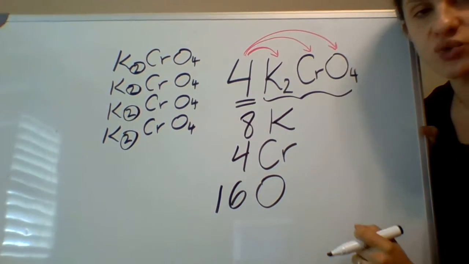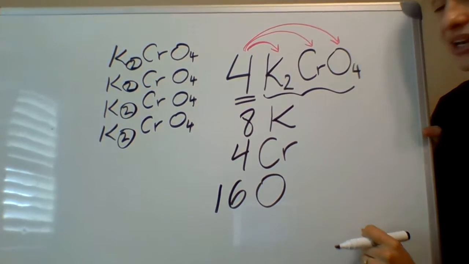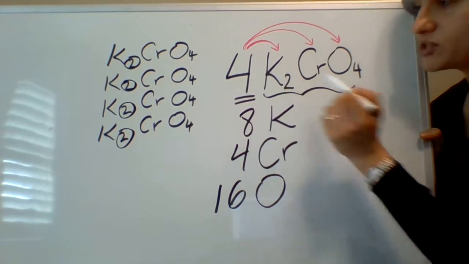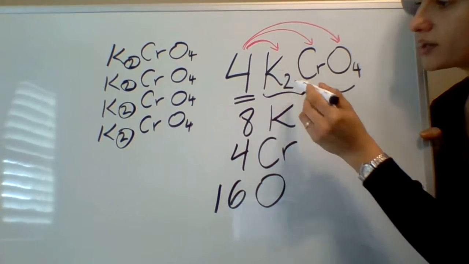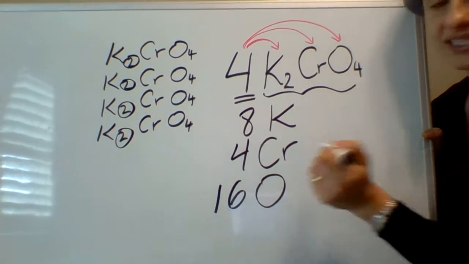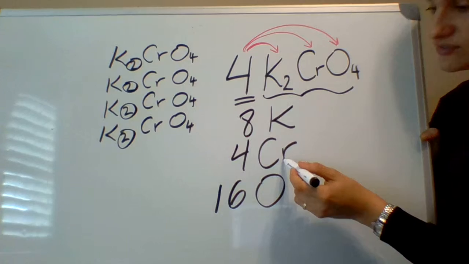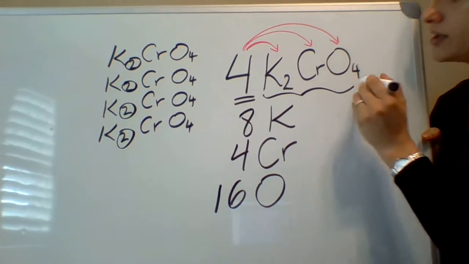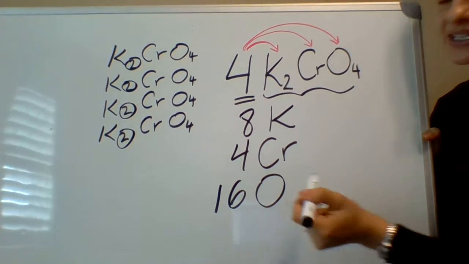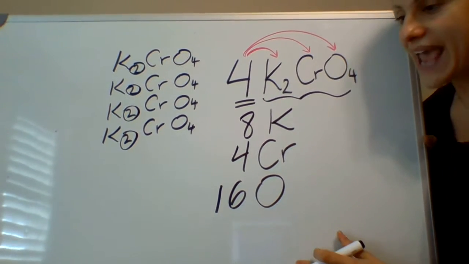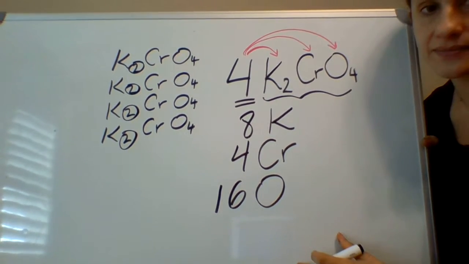But you assume that there's 1. So it would be a lot easier for us to calculate it if we said, how many potassium do we have? Well, it's 4 times 2, that gives us 8. 4 times 1 gives us 4. And 4 times 4 gives us 16 oxygen. That makes it a lot easier to count atoms.